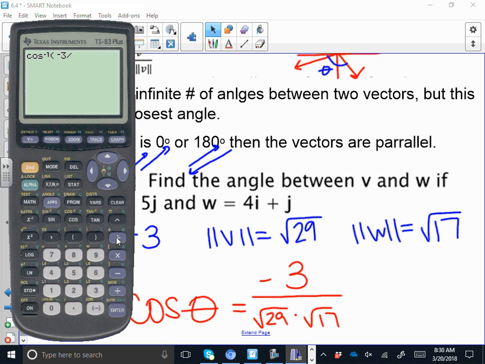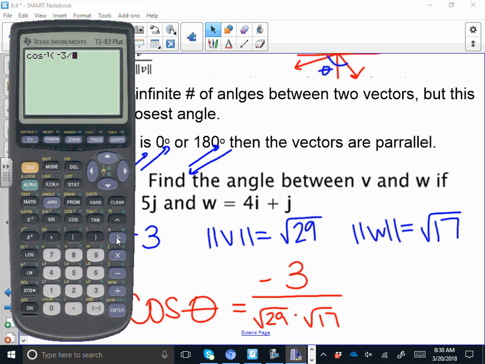We have a product in our denominator. If you do not put parentheses around that product, let's talk about order of operations. Multiplication and division are tied in order of operations. So when you punch it in, it's going to go from left to right. If you do not put any parentheses around that product, it's going to take -3 divided by radical 29 and then multiply by radical 17.